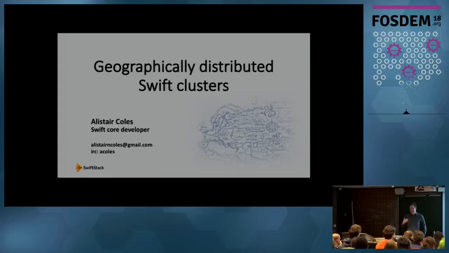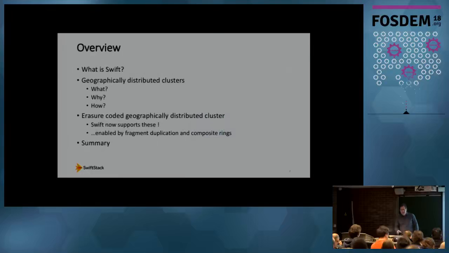And this morning I'd like to tell you a little about how Swift can be used to build geographically distributed clusters. I'm going to begin by doing a brief overview of Swift.